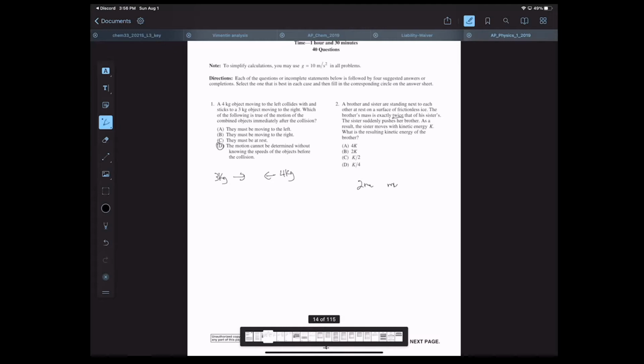So if she is moving with mv, he's moving 1/2 v. So 1/2 mv squared is equal to k. So what's his? 1/2 2m 1/4 v squared is equal to 1/2 times 1/2 mv squared. So that's equal to 1/2 k. So C is the answer.